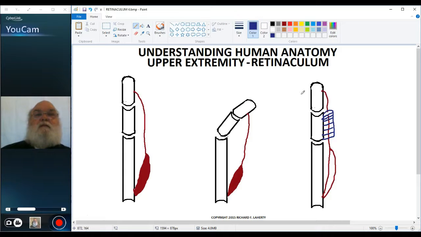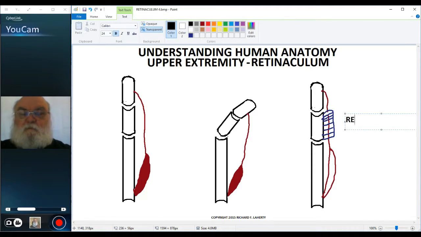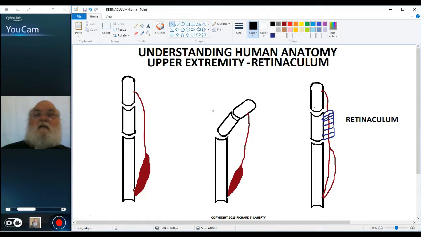So here is our retinaculum. The retinaculum's in blue. And as I said, the tendon can move within the retinaculum, but it keeps the tendon close to the bone.